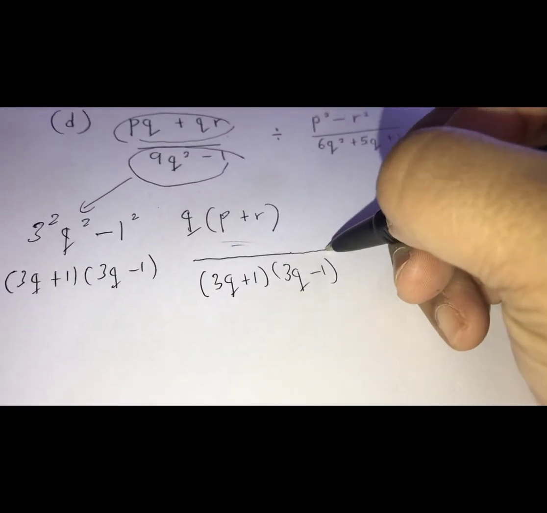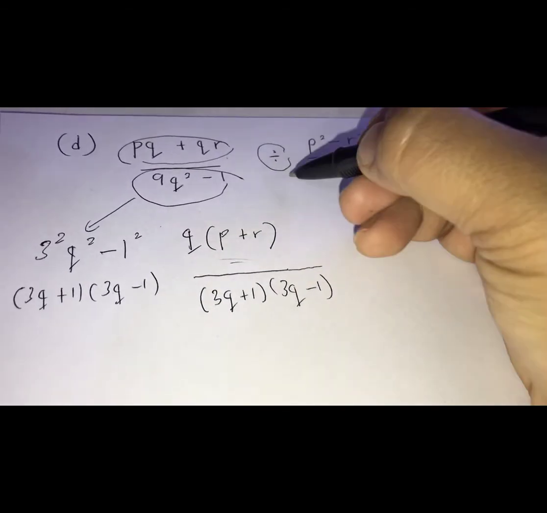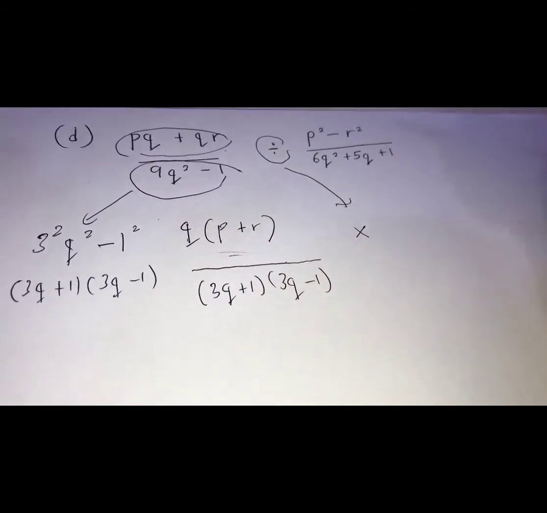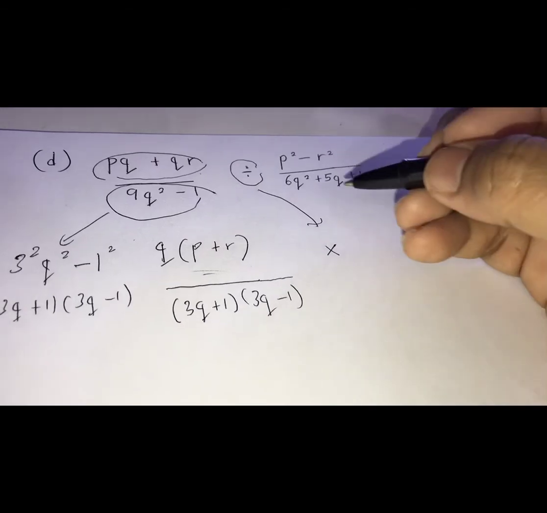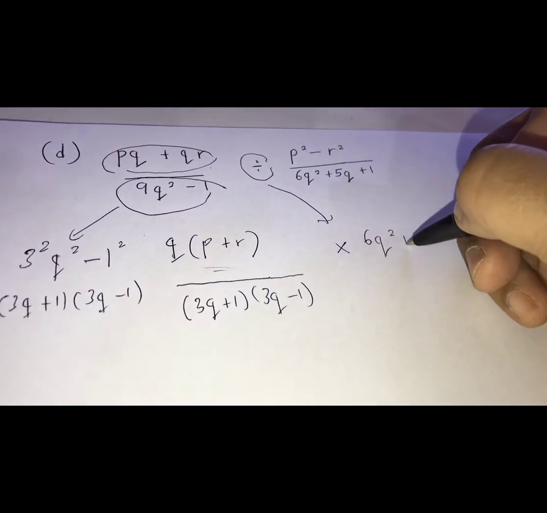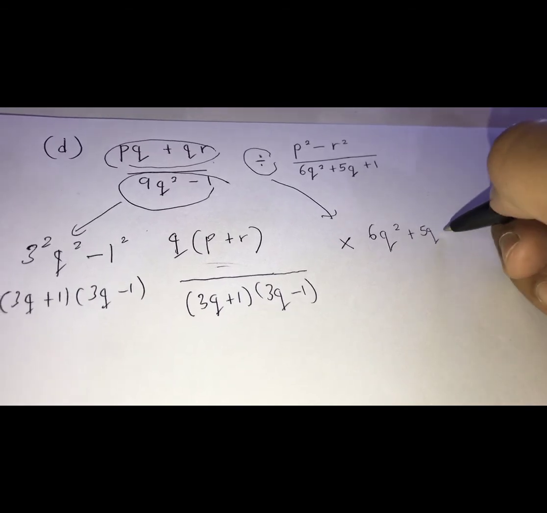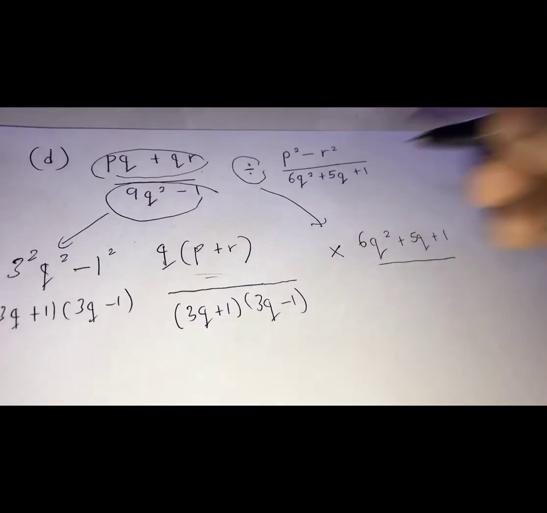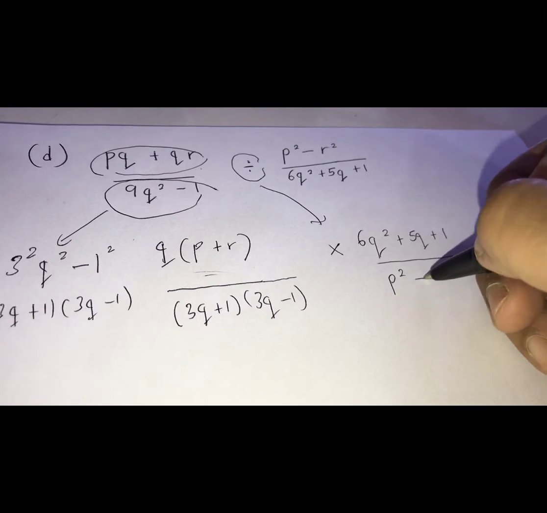Okay, and then divide, change to times, and then you have to inverse this one: 6Q square plus 5Q plus 1 over P square minus R square.